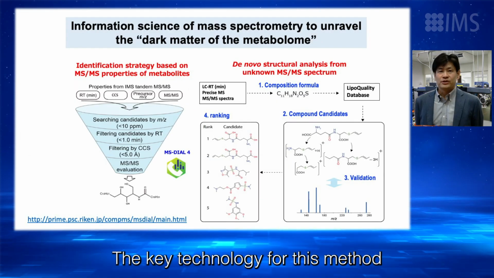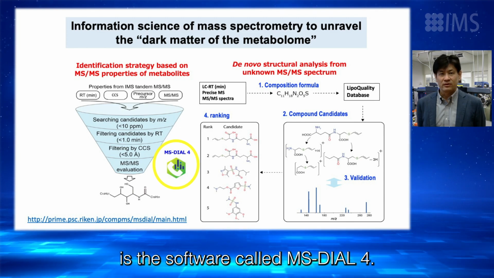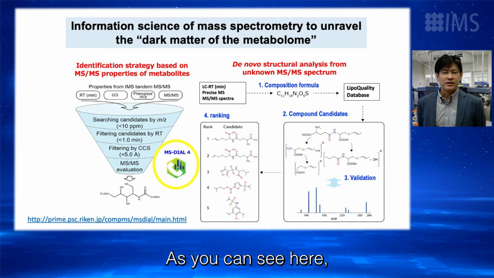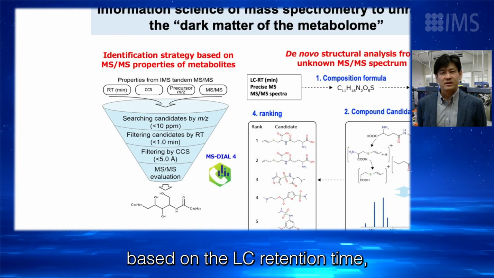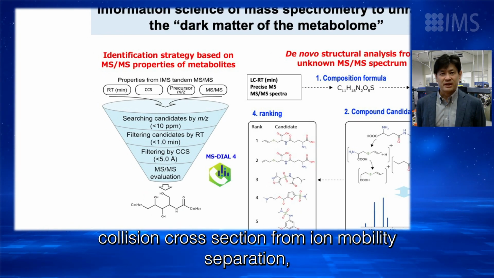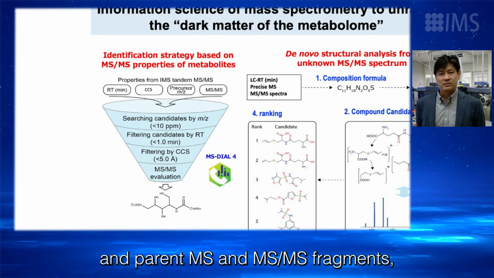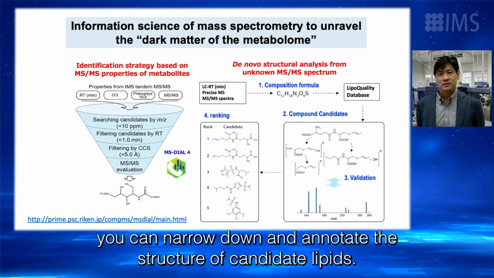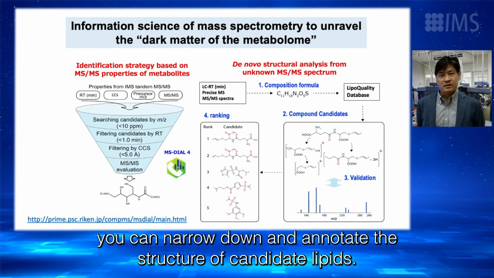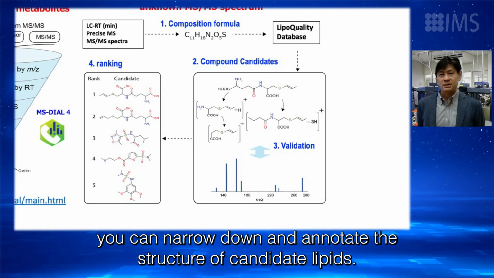The key technology for this method is a software called MS-Dial4. Based on the LC retention time and also collision cross-section from ion mobility separation, and also parent MS and MS-MS fragments, you can narrow down and annotate the structures of candidate lipids.